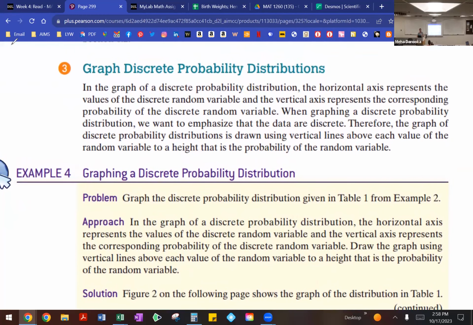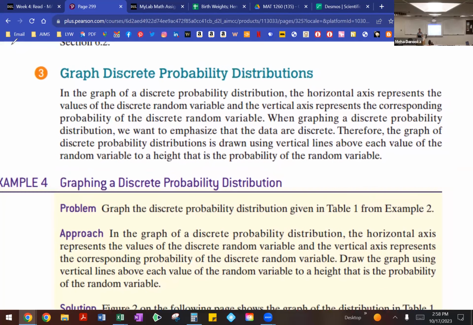All right, perfect. Let's talk about the graph of this. This is something you do want to pay attention to. Look at that little paragraph before the example. In a discrete probability distribution, your horizontal axis will represent the values of your discrete random variable. Your vertical axis will represent those corresponding probabilities.